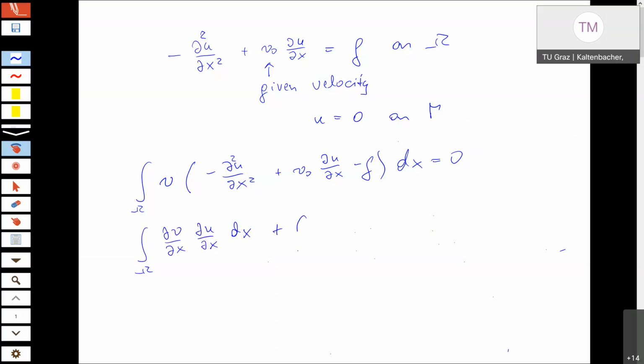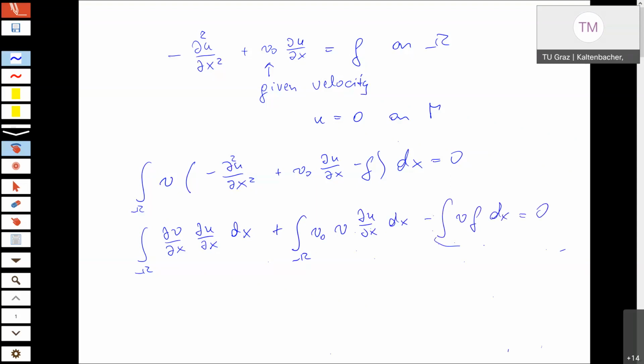And then we have here this integral where we have any coefficient v0, the test function, du dx dx, and minus the integral of the test function f dx equal to 0.